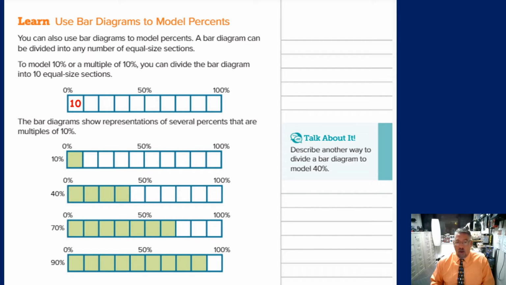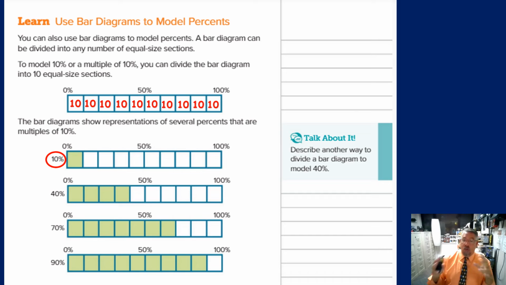So when I look at that, I see that I have 10 individual sections, and just as we talked about with the grid, 10 times 10 is 100. So I know each of those is going to be worth 10%. So there's 10 boxes, 10% in each. 10 times 10 is going to give me my 100%.